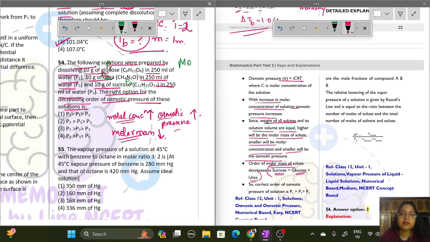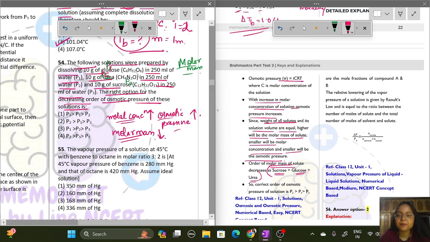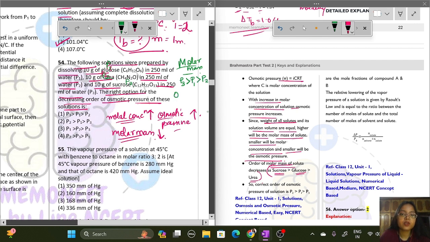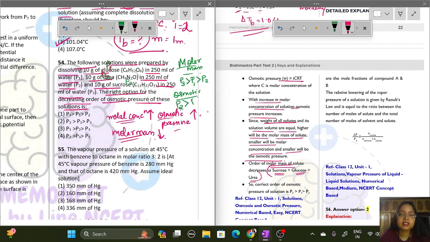If we consider the molar mass, sucrose has the greatest molar mass, then glucose, then urea. So what will be the order of osmotic pressure? P2 will be the greatest, then P1, then P3.